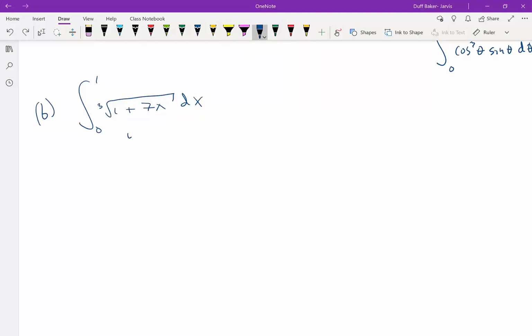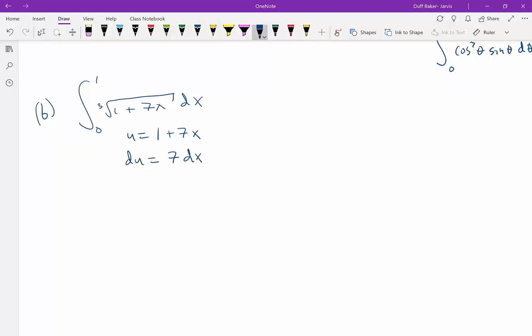So if I try setting u equal to this entire underneath part, one thing I would recognize is that the derivative of that is just a constant, right? And so a constant dx is really kind of what we're looking for. So the derivative of u would be 7, and then we tack on our dx.